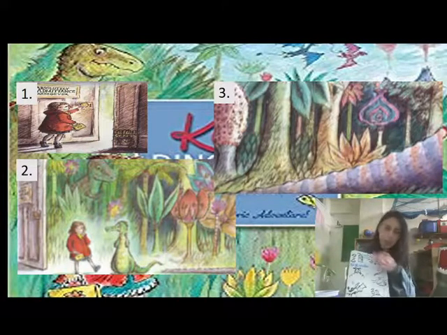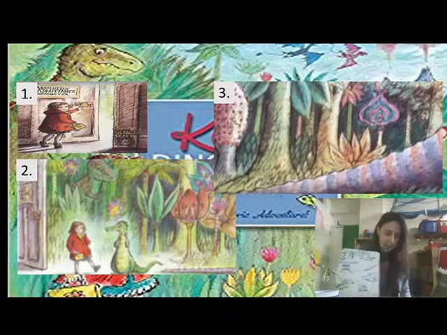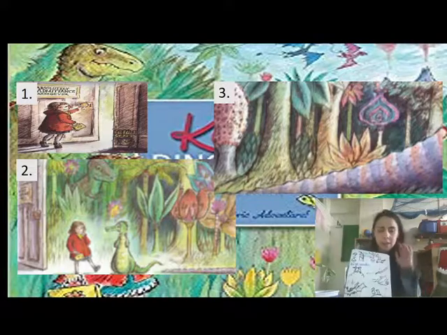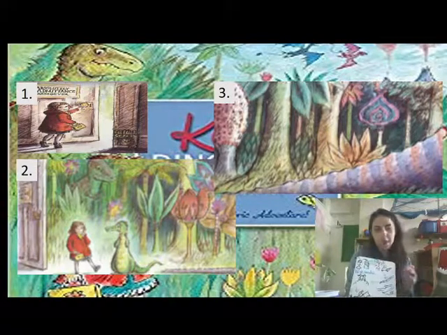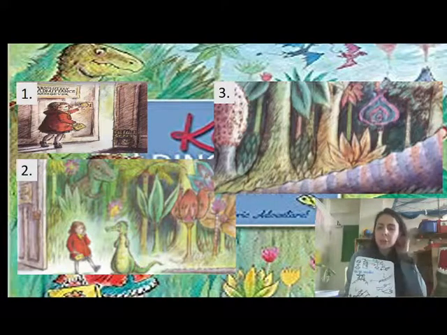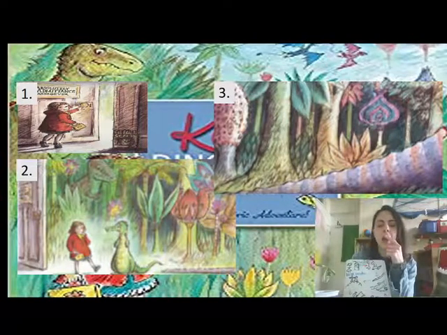Okay, so next on our story maps, Katie went to the land of the dinosaurs, didn't she? And we have already thought about lots of adjectives this week, but today we're going to write them onto our story maps. So thinking about those adjectives that you've thought of this week already, we're going to add them onto our page. So can you tell me, how could you describe the plants, trees in the background?